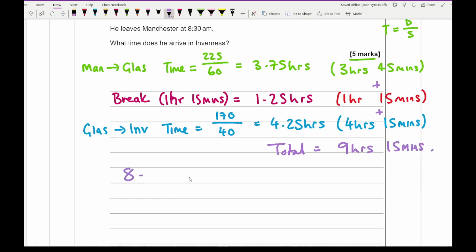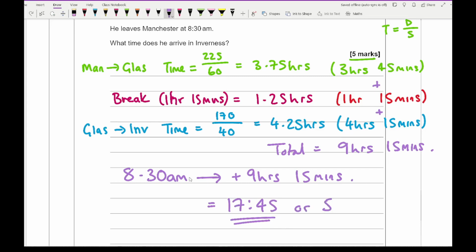If he starts off at 8:30 a.m., I then need to add 9 hours and 15 minutes. So 8:30 plus 9 hours 15 minutes takes me up to 17:45 as a 24-hour clock, or 5:45 p.m. using a 12-hour clock. And that concludes the end of this topic test.